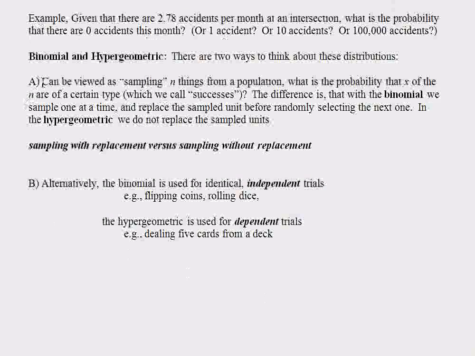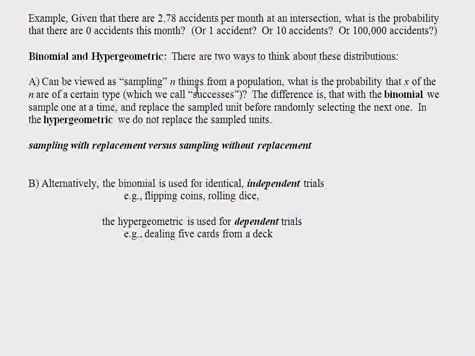First way you can compare them is you can say, well, suppose we have a population of items, whether it's a bucket of balls or cards or people, and we're going to sample n of them, 5 of them or 10 of them from the population, and we want to know what the probability is that x of them, 0, 1, or 2, or 3, so x of the n that we sample are of a certain type, which we're going to call a success.